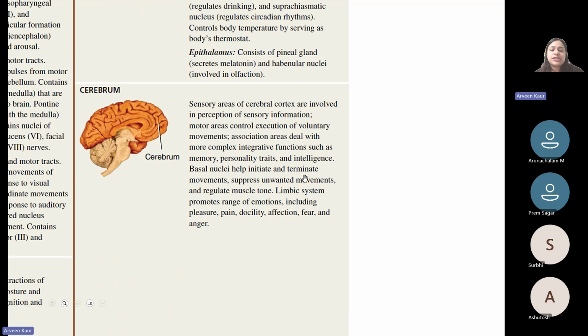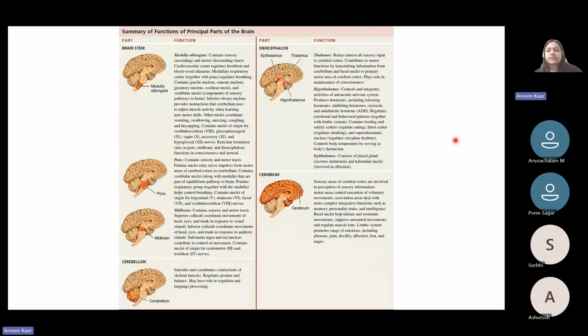Basal nuclei help initiate and terminate movements, suppress unwanted movements, and regulate muscle tone. The limbic system promotes a range of emotions, including pleasure, pain, docility, affection, fear, and anger. Right? So these are the major functions.